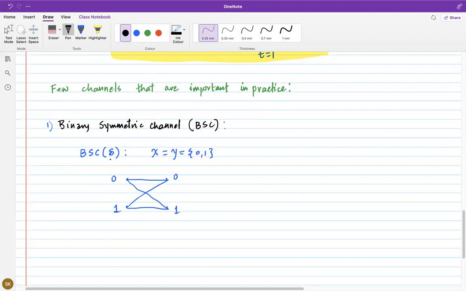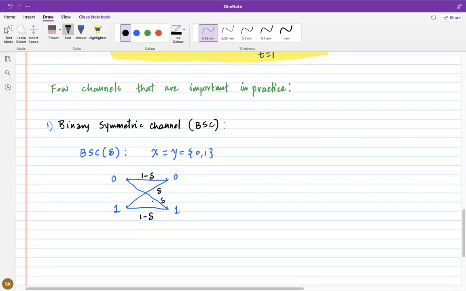Delta is known as the crossover probability, the probability with which you cross, that is, invert your bit. From 0 you go to 1, and from 1 you go to 0, so there is a crossover, and the probability of it is delta. The probability with which you don't have an error, or you don't corrupt your bit, is 1 minus delta.